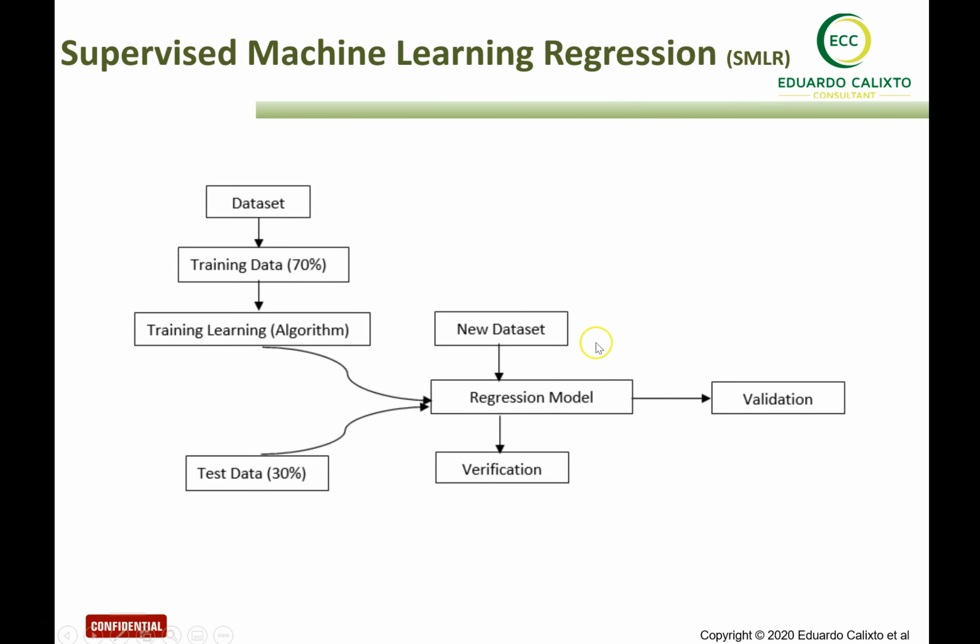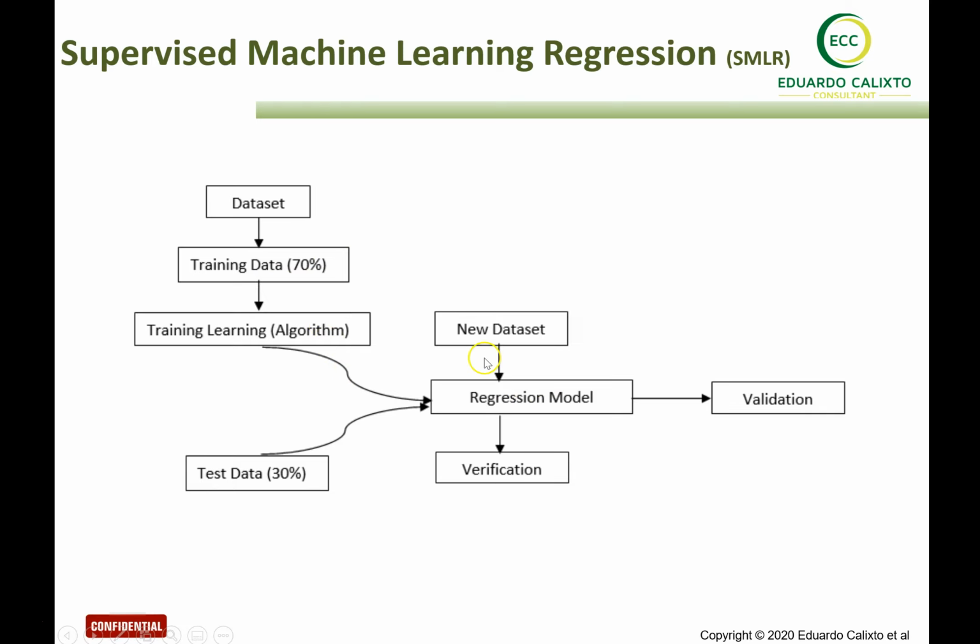In case of a regression, we have the same methodology. We split our data set in 70 and 30%. We train our regression model. In this module, we are going to speak about linear regression based on the training data, that is 70% of our data set collected randomly.